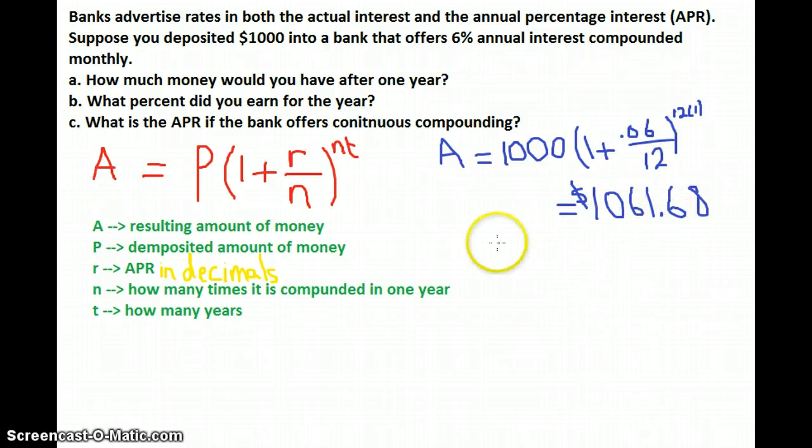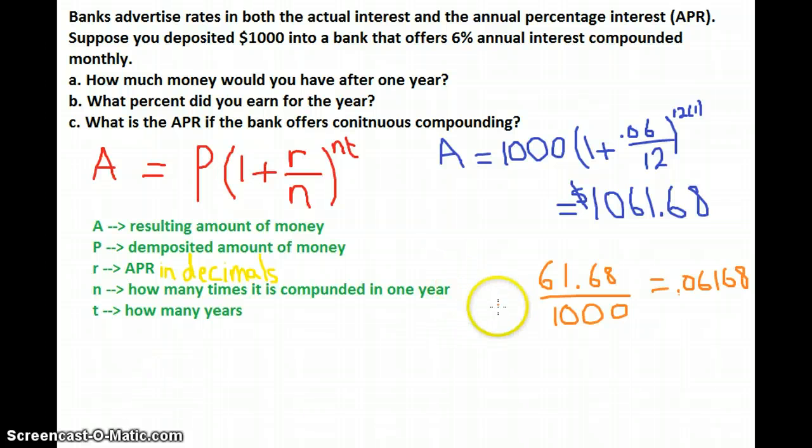So you got back $61.68. So the question is, what percent did you earn? $61.68, what percent is that of your 1,000? So I do 61.68 divided by 1,000, I get 0.06168. And that's what I got, but not in percent yet.